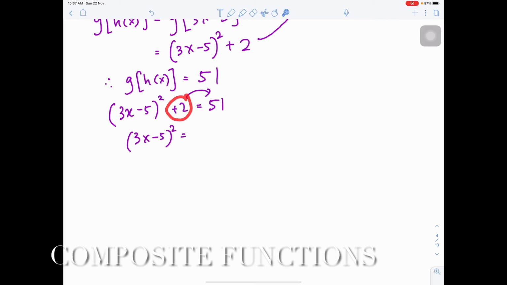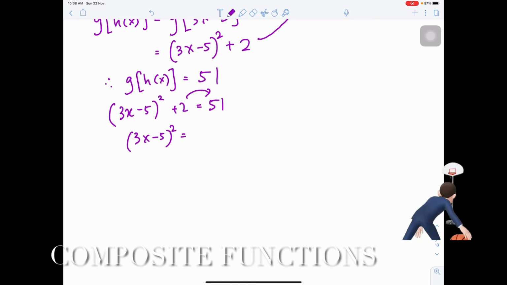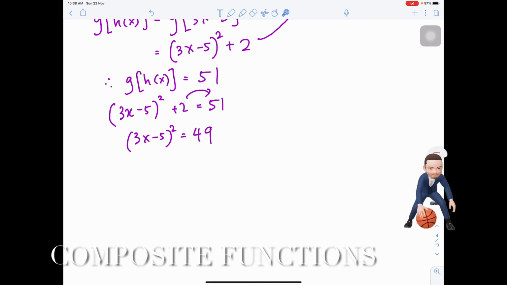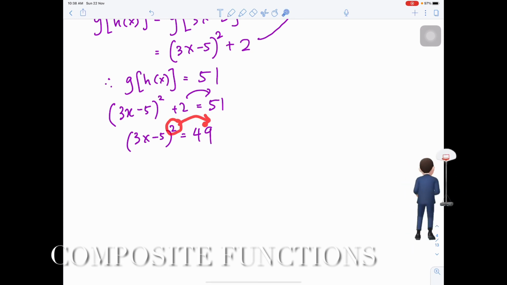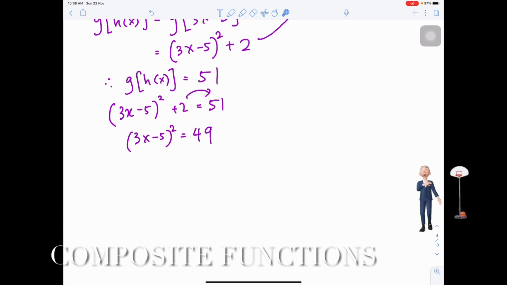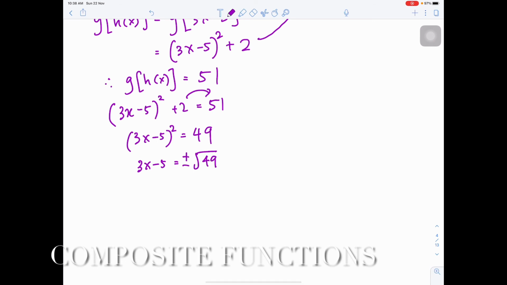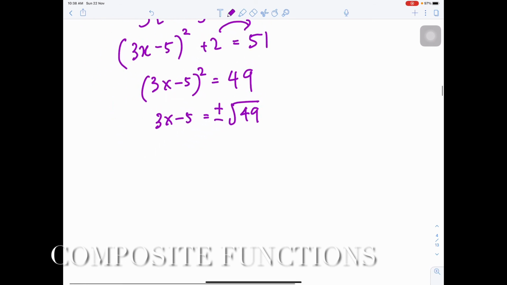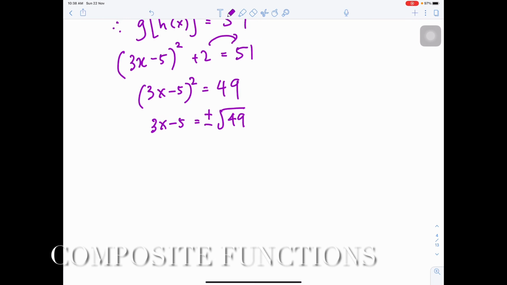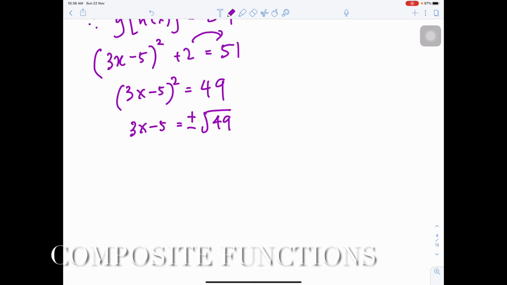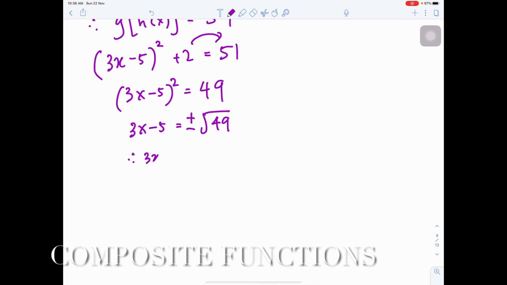When you bring positive 2 to the right hand side, it becomes minus 2, so now it becomes 49. Then the power of 2 brought to the right hand side becomes square root. So 3x minus 5 equals square root of 49, but do not forget plus or minus when taking the square root. Therefore 3x minus 5 equals plus or minus 7.